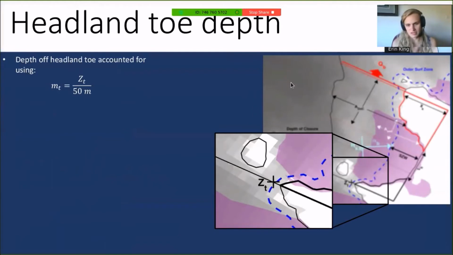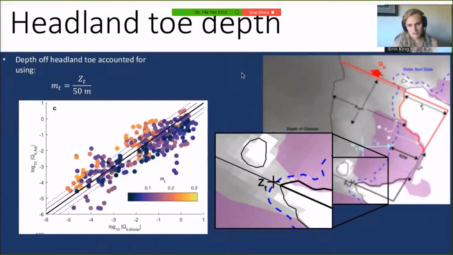So here we have a depth, ZT, 50 meters off the headland toe. We then divided that by 50 meters to give a ratio, just taking the dimensionality out of it really, which is the MT parameter here.